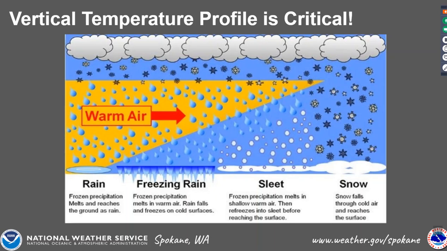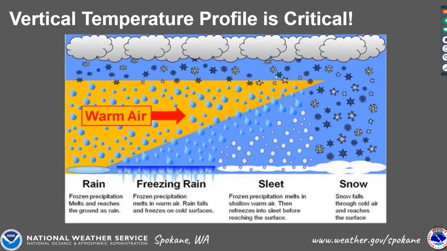Your driveway is cold, your car is cold, the trees are cold, the power lines are cold. So this rain is falling out of the warm layer, and there's not a deep enough cold layer before it hits the surface. The rain hits the ground and freezes on the surface. So that is freezing rain.